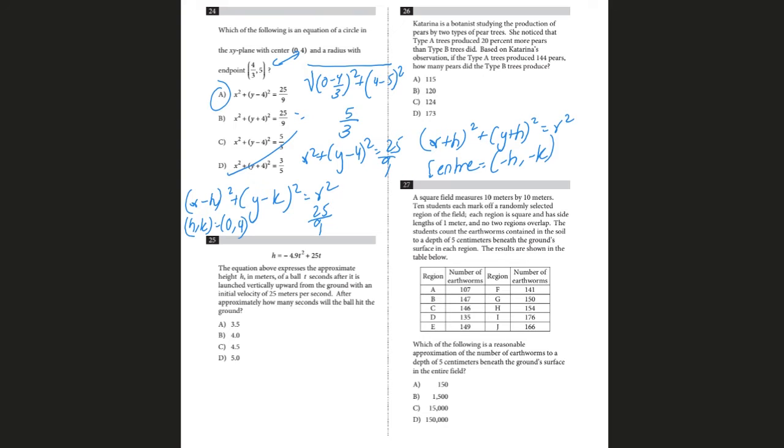Basically, when the ball hits the ground, its height from the ground will be 0. So you can just write 0 is minus 4.9 t square plus 25t, shifting it to the other side. So you will get this quadratic equation, and we have to solve it using our calculator.